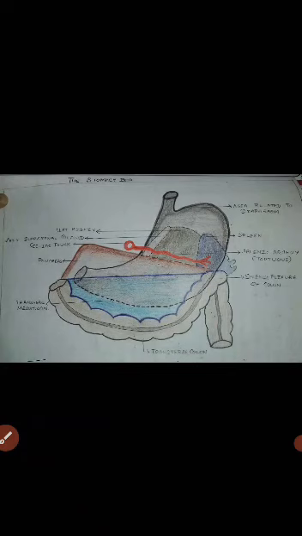An imaginary line drawn from the incisura angularis on the lesser curvature to the greater curvature divides the stomach into 2 parts, the cardiac part and the pyloric part. The cardiac part is the large part which is further subdivided into fundus and body. The pyloric part is the small part which is further subdivided into pyloric antrum and pyloric canal.